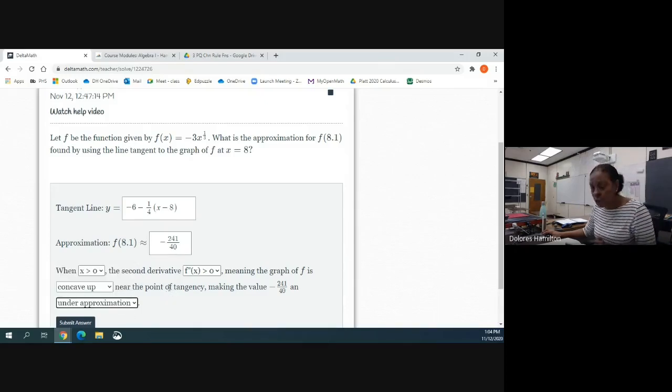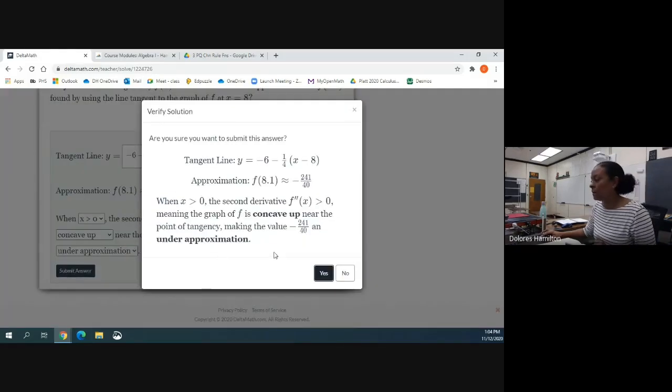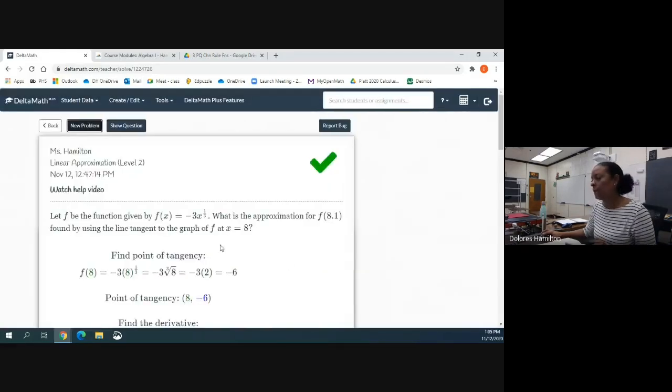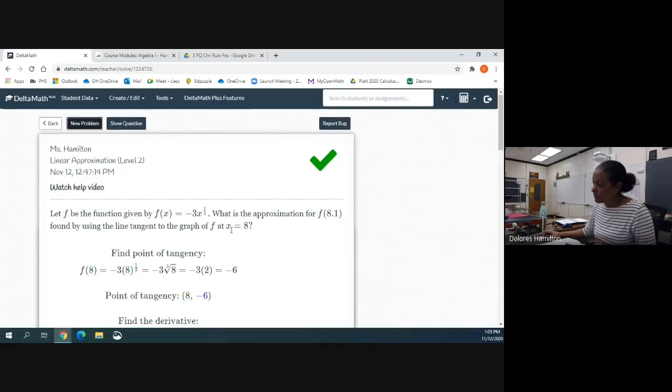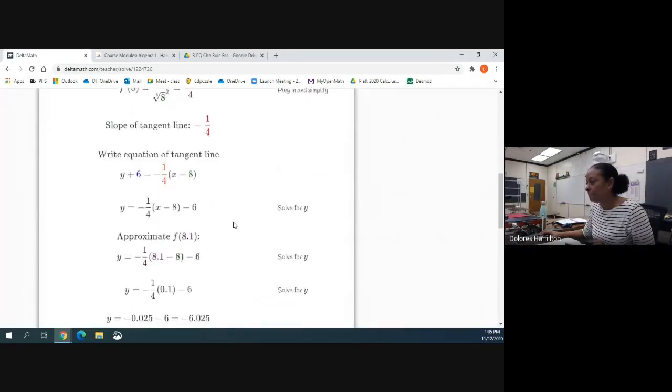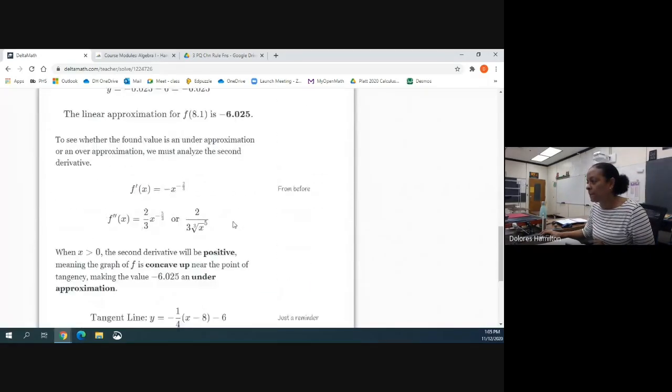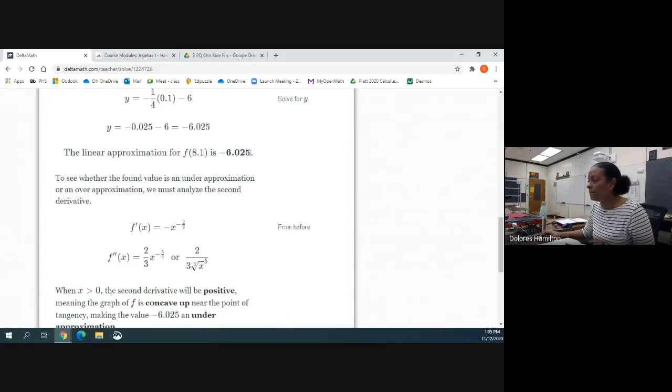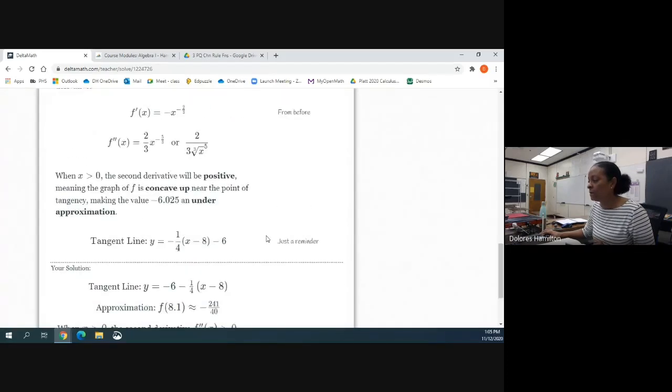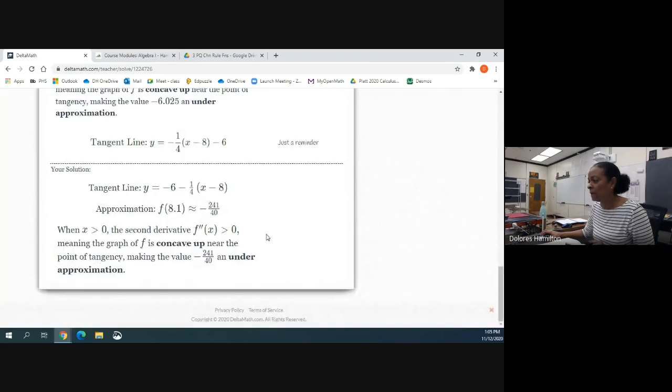It's an under approximation. We cross our fingers. Hallelujah. Well, again, they gave us decimals. Maybe you can use a calculator. I don't think you can use calculators for these approximation problems. So I would do these by hand. All right.